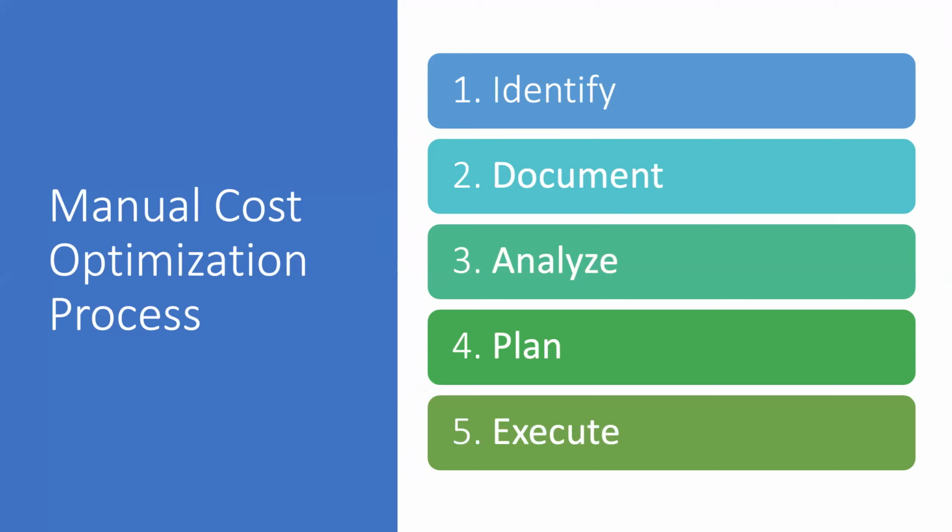But key for us is that we document everything, even if we're going to quickly notify the operational team that we want to make this change and execute on it. It's just important that we track these changes.